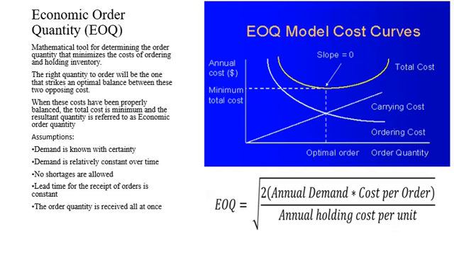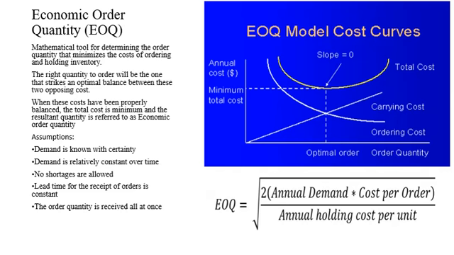Now, as you can see in this particular figure, the order cost of an item is decreasing as the size of the order is increasing. Now, this happens because the total number of orders for a particular item will decrease, resulting in a decrease in the total order cost. As a result, carrying cost is increasing because the firm keeps more items in stock.